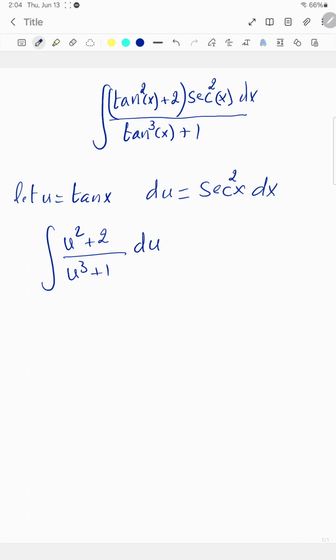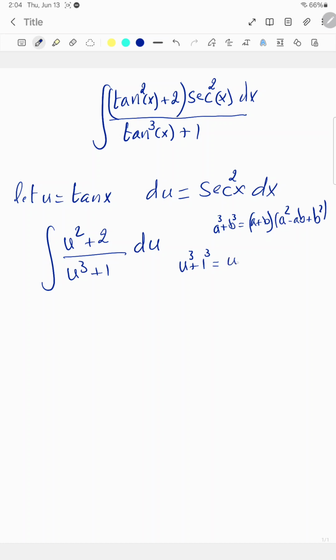If I look at my denominator, u to the power of 3 plus 1 to the power of 3, because 1 to the power of 3 is 1, it looks like a to the power of 3 plus b to the power of 3, which is equal to a plus b times a square minus ab plus b square. In my case, a is u and b is 1.